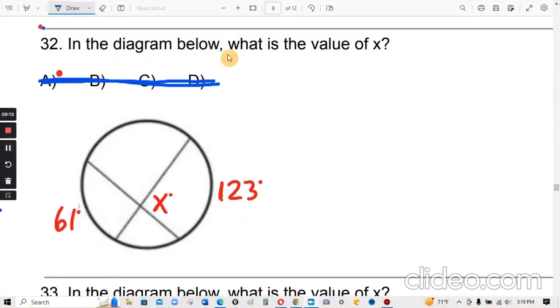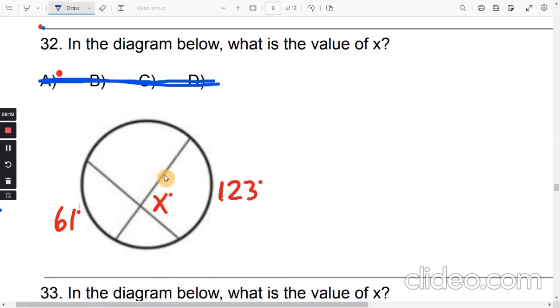In the diagram below, what is the value of x? We see these are two chords and x is inside the circle. When it's inside the circle, you just add the two arcs and divide by 2 or multiply by 1/2. Same thing. I'll try to give you this formula, but I can't always fit all the formulas.